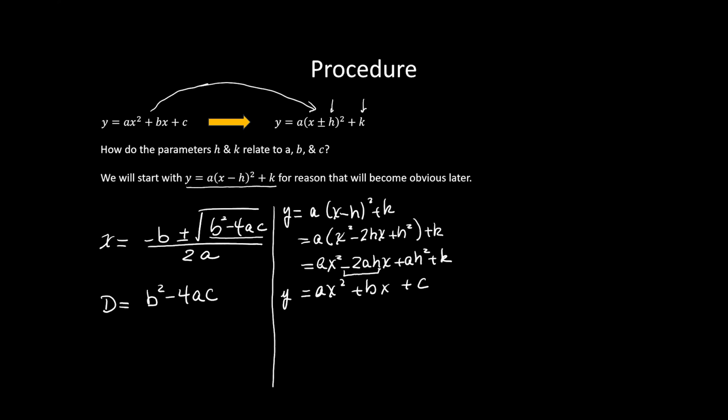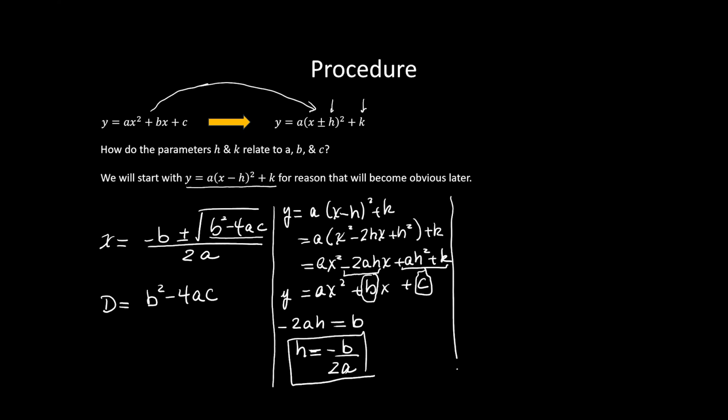Now this here has to equal b, and this here has to equal c. So negative 2ah must equal b, so h is negative b over 2a. We already got h now in terms of a and b. Let's see if we can get k. Ah squared plus k must equal c.